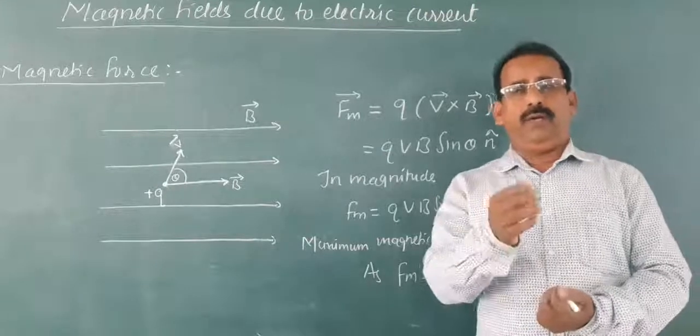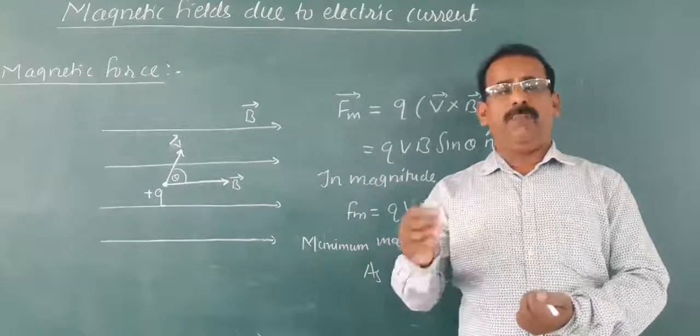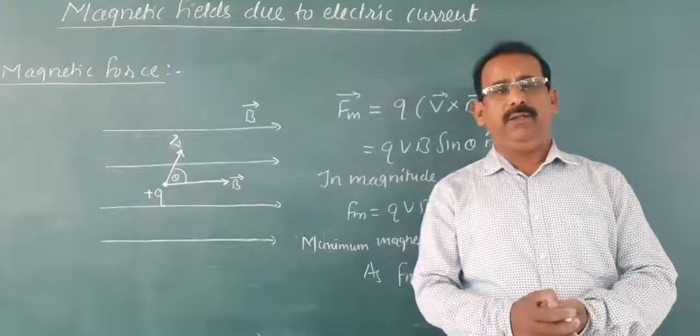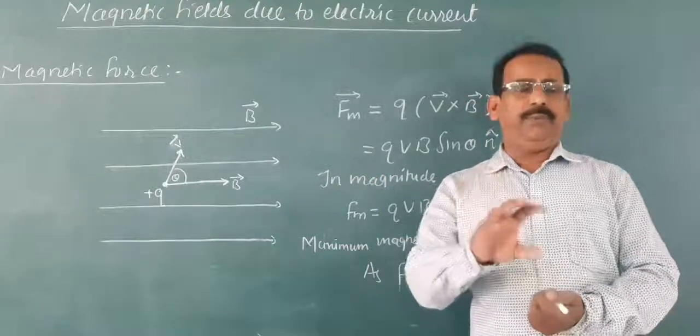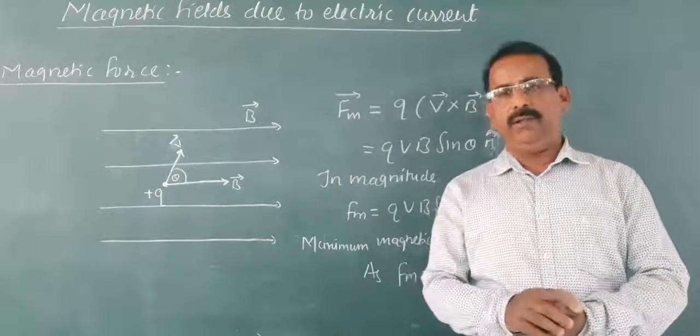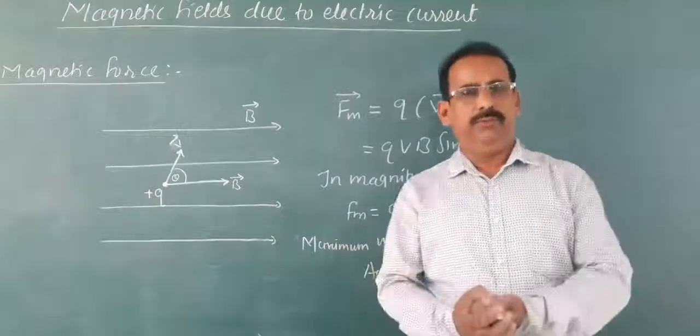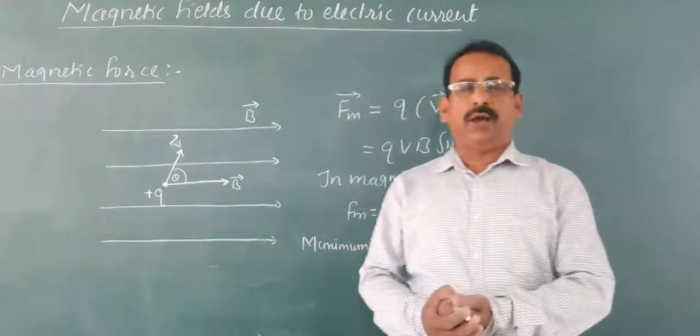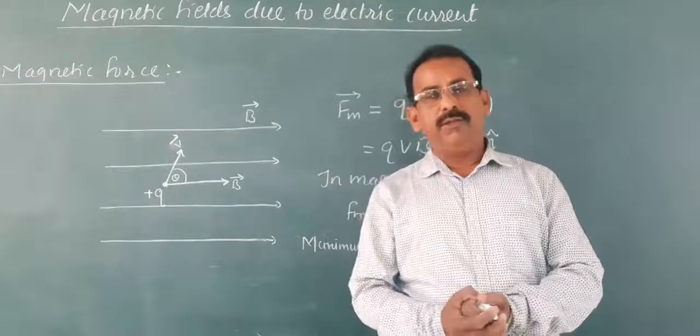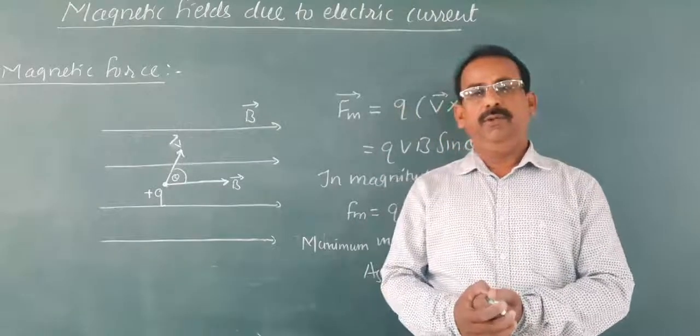And whenever force is perpendicular to the displacement vector, the angle between force and displacement vector is 90 degrees. The work done by that force is equal to 0. Work done is always the dot product of force and displacement vector.